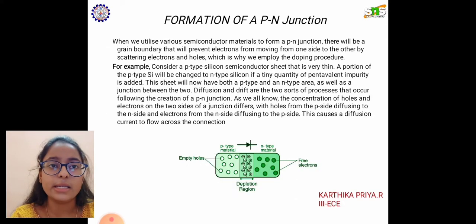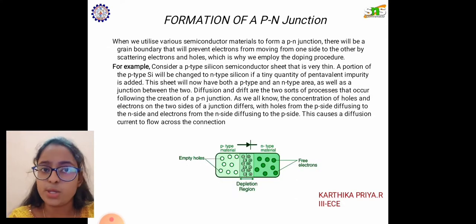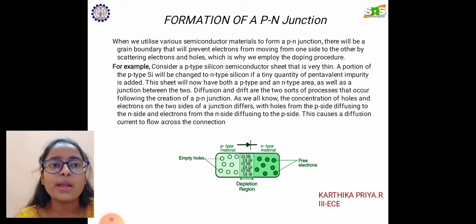And the next slide is formation of a PN junction. When we utilize various semiconductor materials to form a PN junction, there will be a grain boundary that will prevent electrons from moving from one side to the other by scattering electrons and holes, which is why we employ the doping procedure.